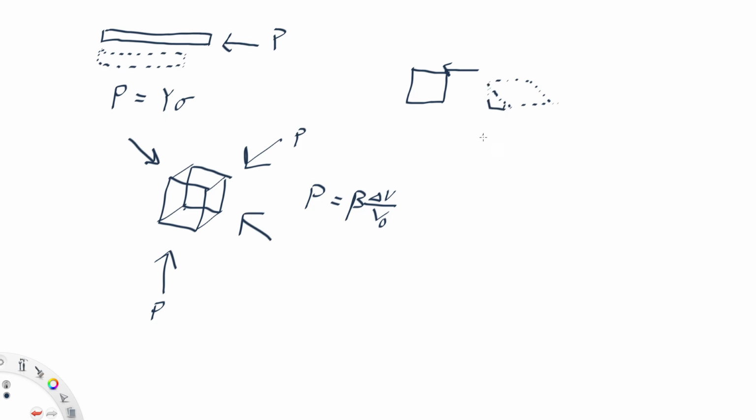The thing that we're concerned with here is this amount of overhang. And we get the pressure, we get a shear modulus now, and the amount of overhang as a fraction of the dimension.